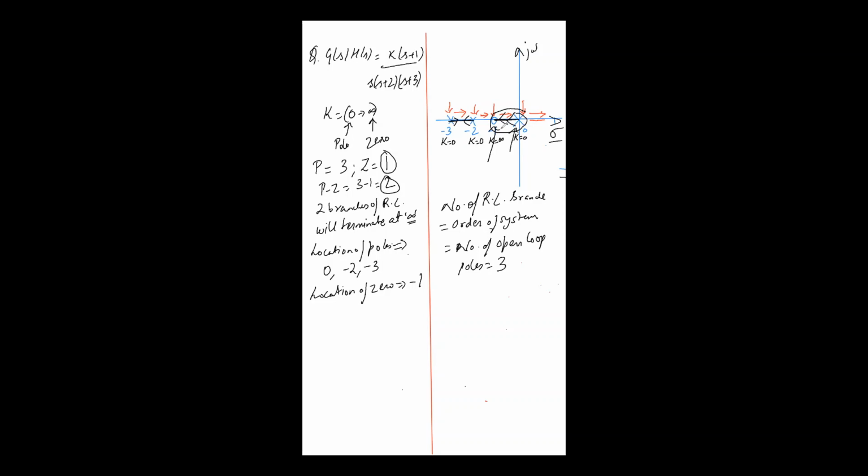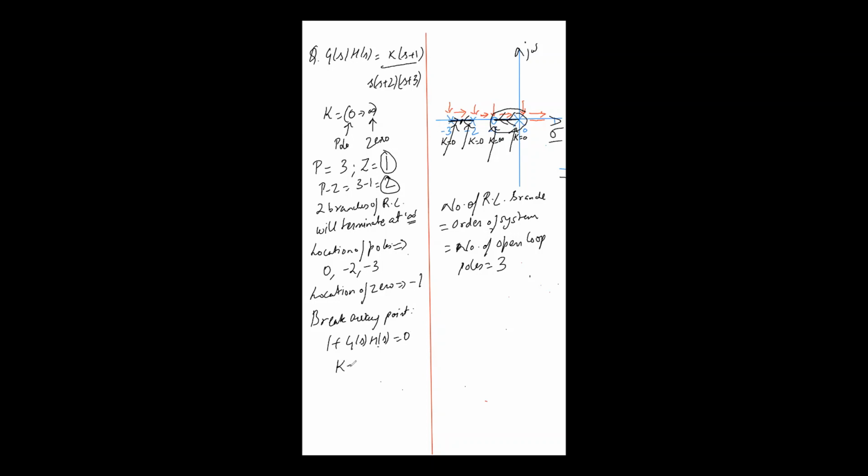Another branch is starting from here, and a third branch is starting from here. These two branches will collide with each other, so there will be a breakaway point. We need to find out what the breakaway point is. How to find it, we have seen: 1 plus G(s)H(s) equals 0.